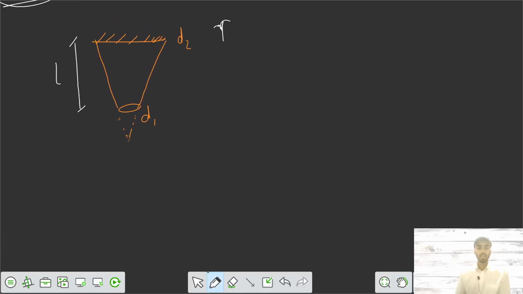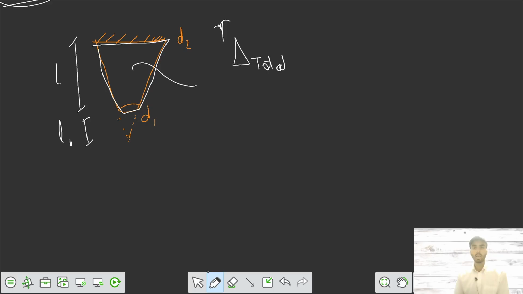Let's say this hatched part is L1. The total deformation of this part has to equal the deformation of the overall cone.